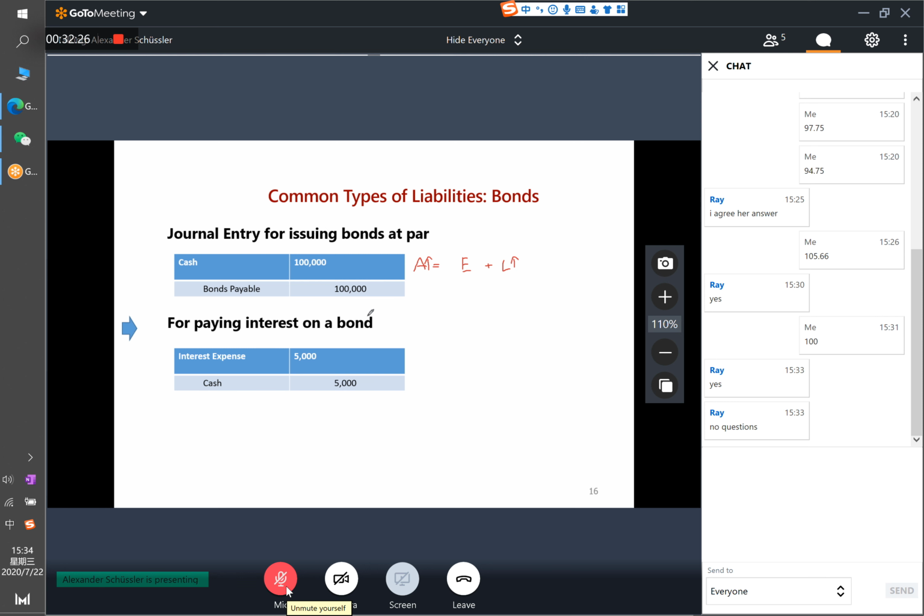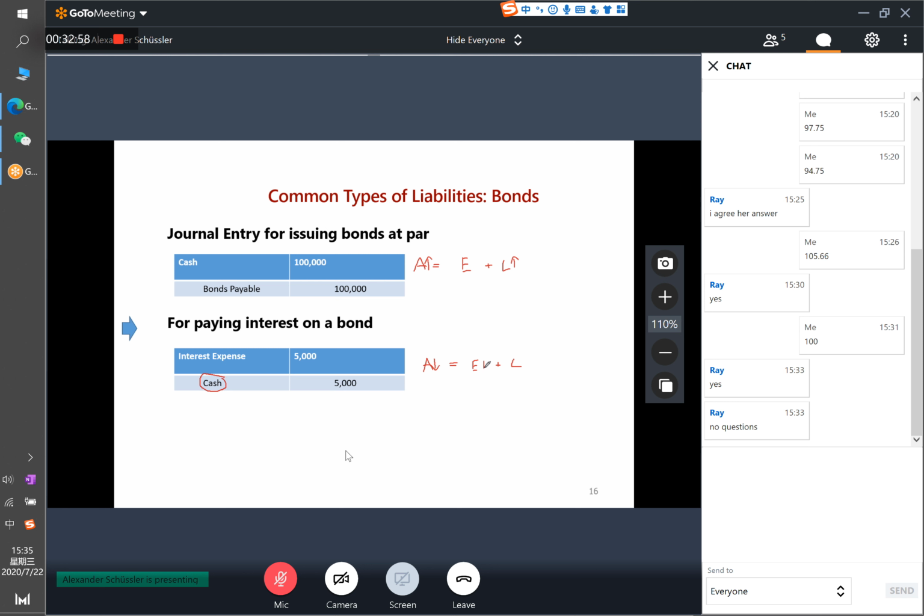And then later, if I have an interest on a bond and the firm pays the interest, what about this? Yeah, equity down, asset down. Asset down because cash is an asset, and if you credit an asset, it is down.